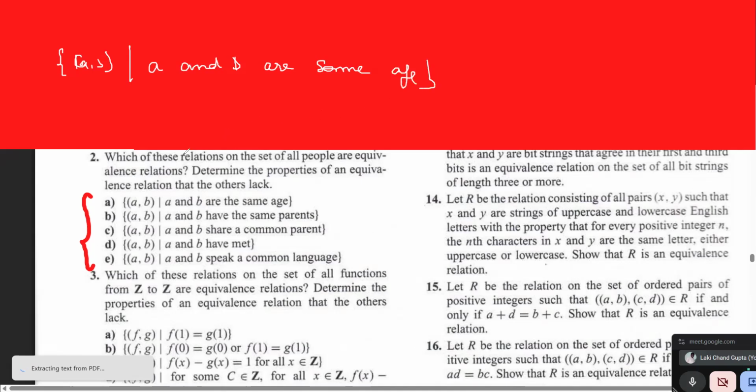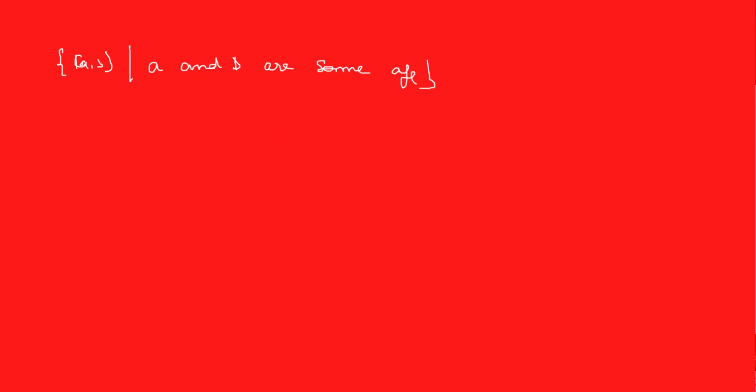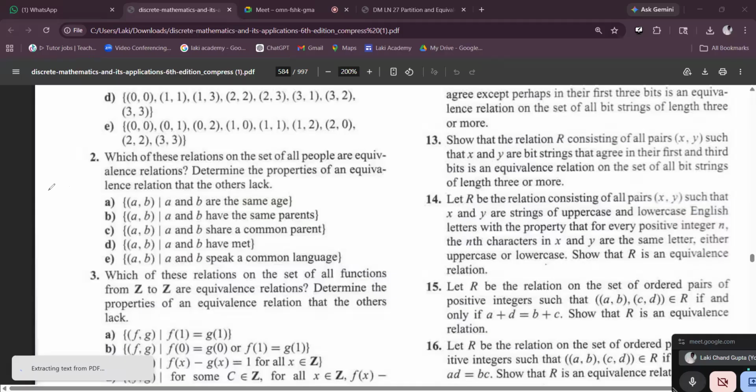Tell me whether this is an equivalence relation or not. Is it reflexive? Same age, yes. Second one, symmetric. This is also equivalent.